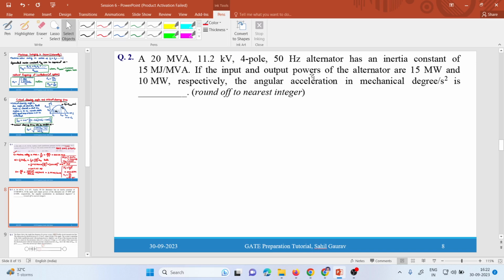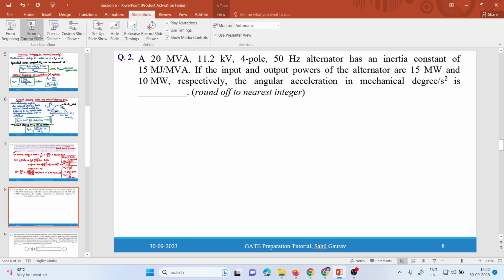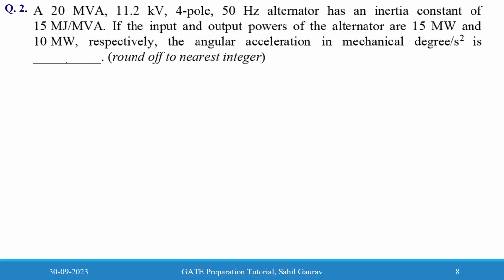If the input and output powers of the alternator are 15 megawatt and 10 megawatt respectively, the angular acceleration in mechanical degree per second square is: This problem has been asked in GATE 2022. This is a recent problem.